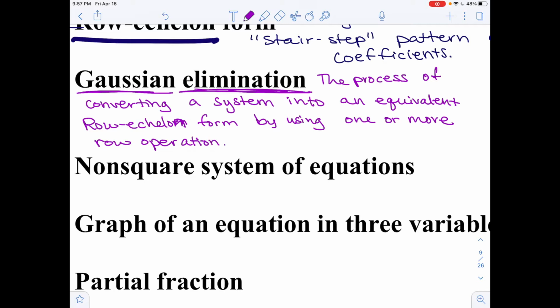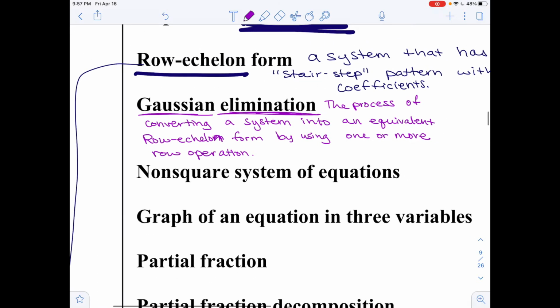So basically, we're taking something that doesn't look like row echelon form and turning it into that stair-step pattern by using one or more row operations. And I'll tell you what those are in just a little bit.